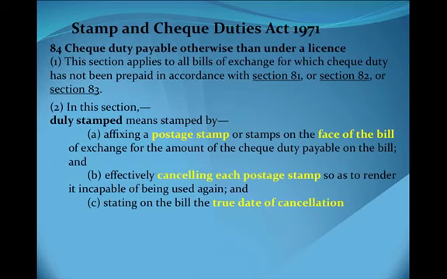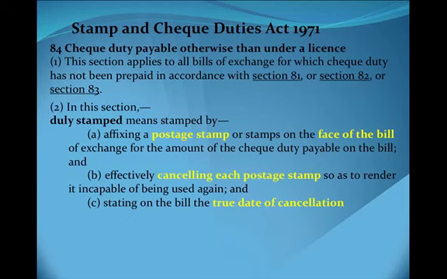So in this section, duly stamped means affixing a postage stamp or stamps on the face of the bill of exchange for the amount of the check duty payable on the bill. Okay, now we know that that's 5 cents, so we have to put a 5 cent stamp on it. B, effectively cancelling each postage stamp so as to render it incapable of being used again.